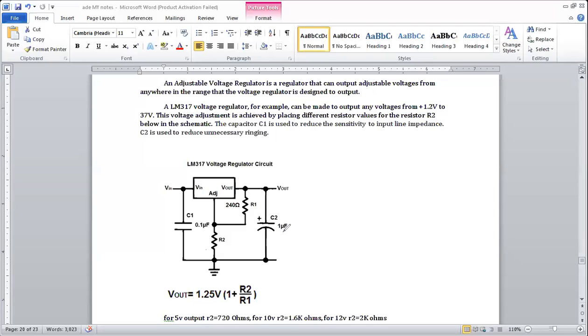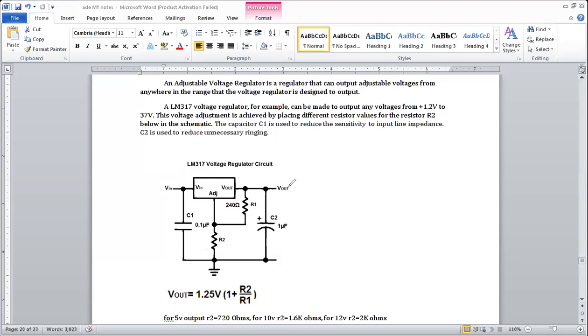So C1 and C2 are controlling the input and output variations, whereas R1 is fixed here at 240 ohms. Then R2 is a variable resistance.